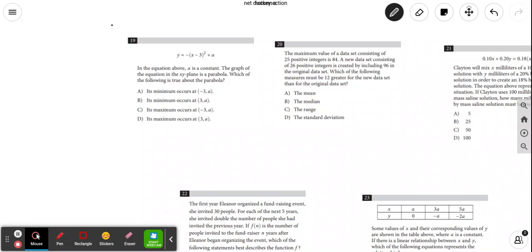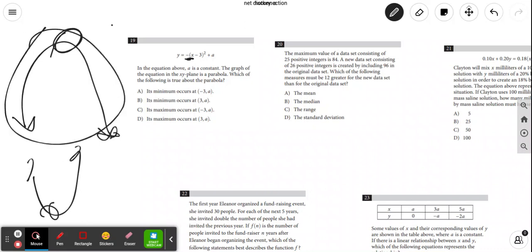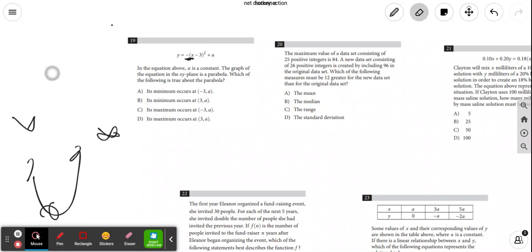The minimum, so you need to determine if it's a minimum or maximum. When it's like this and it has a negative, barring other situations, it's usually going down, which means it has a maximum. If it was positive, then it would go up. But since it's negative, it should go down.